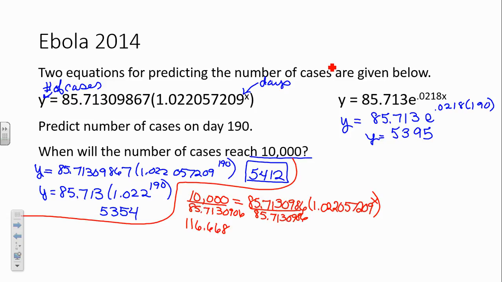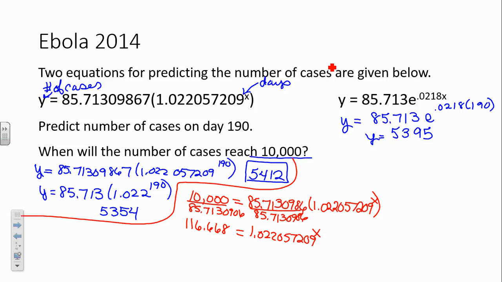That's equal to 1.022057209 to the x power. Now I want to get to my x, and it's an exponent.